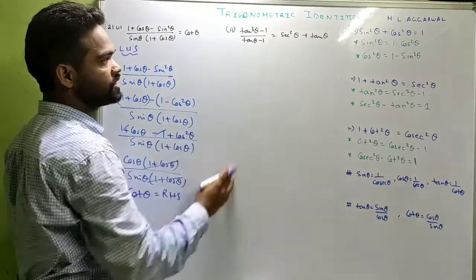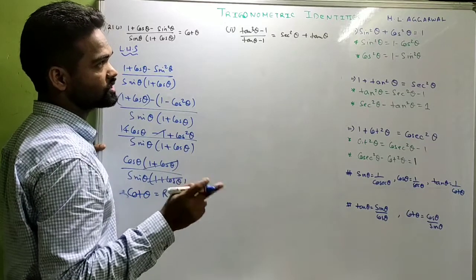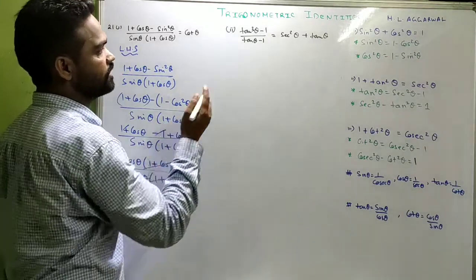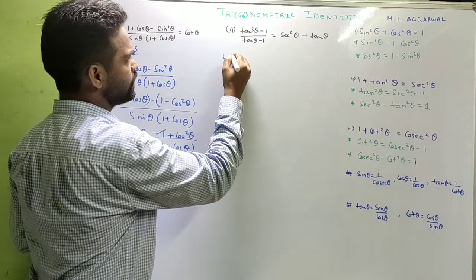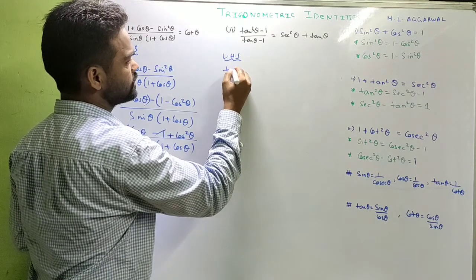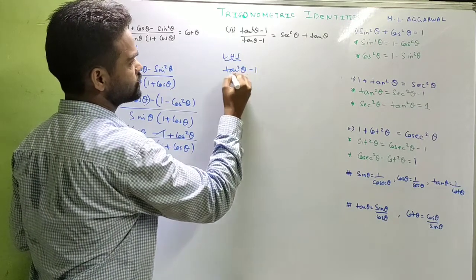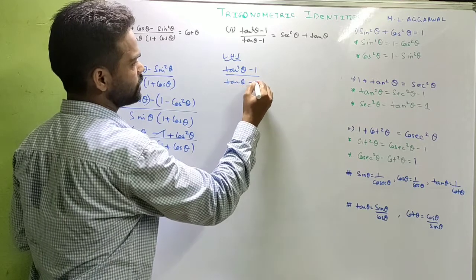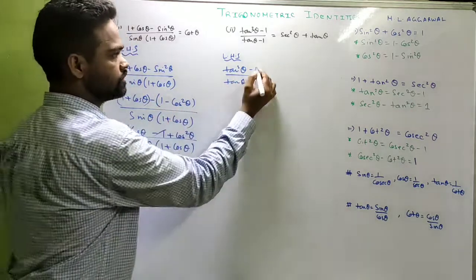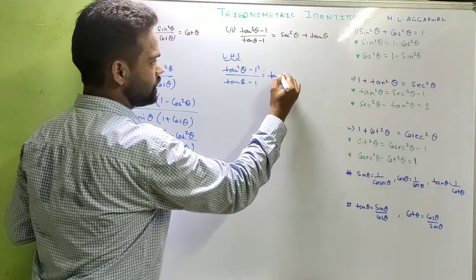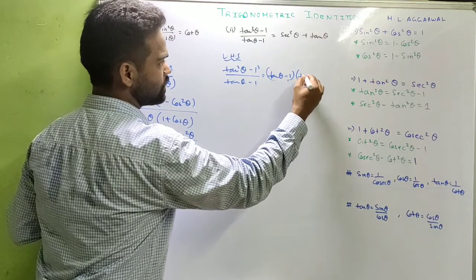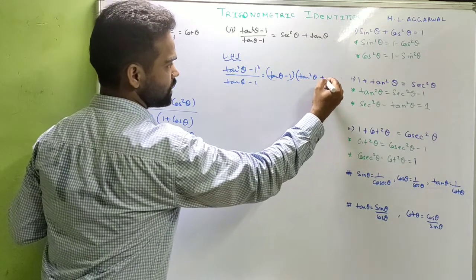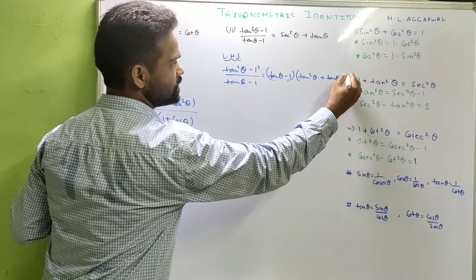Now look, part 2. Prove that tan cube theta minus 1 by tan theta minus 1 equals sec square theta plus tan theta. Very easy. Look over here. What I'll do, I'll take the left hand side, that's tan cube theta minus 1 by tan theta minus 1. Now a cube minus b cube will be a minus b into a square plus ab plus b square.